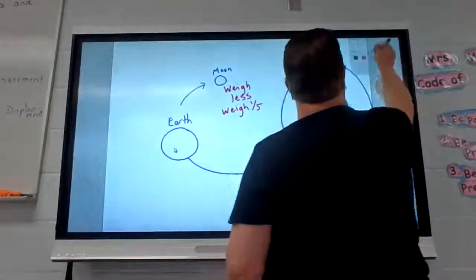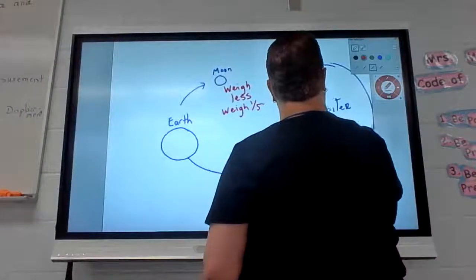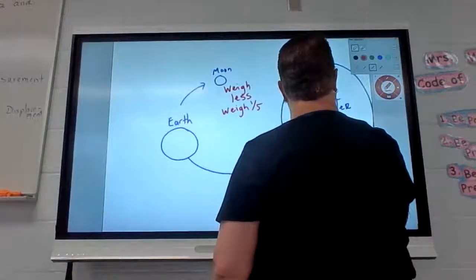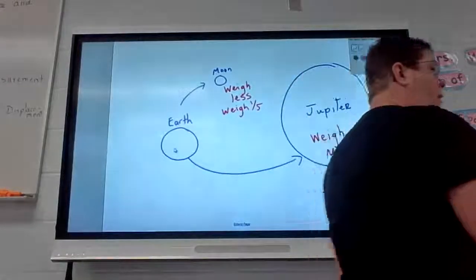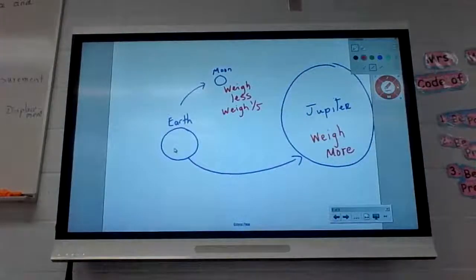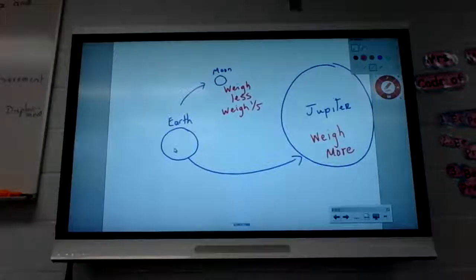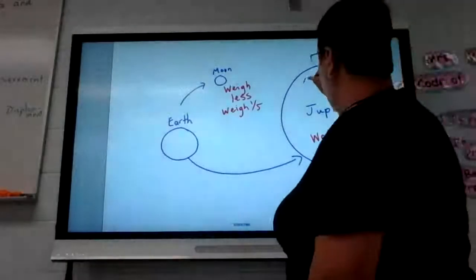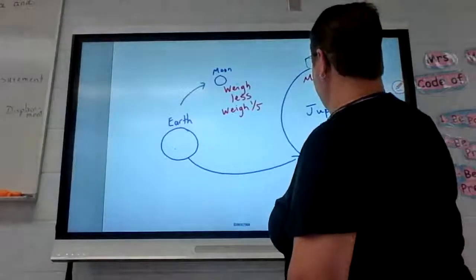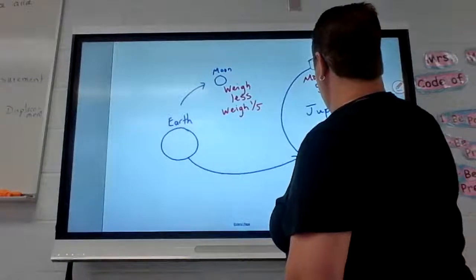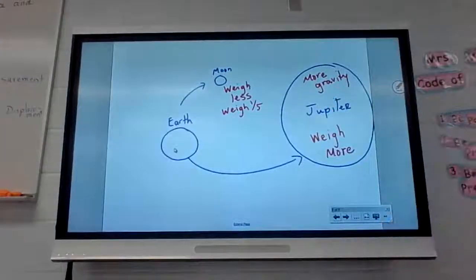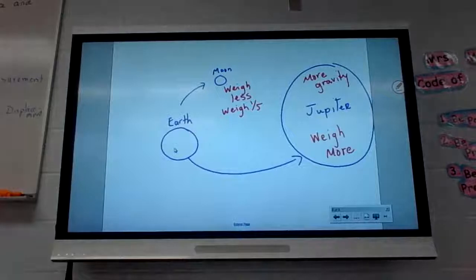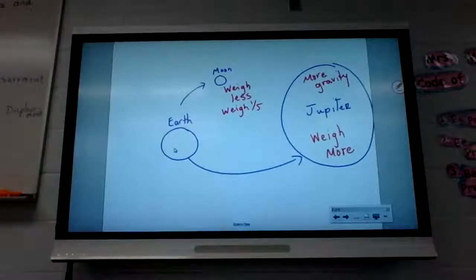Okay, why would we weigh more? It's a bigger planet. Because it's a bigger planet, it has more gravity. All right, gravity is based on size. The moon is smaller, it has less gravity. Jupiter is bigger, it has more gravity. There's a principle called the universal law of gravity, gravitational pull. All right, you all exert gravity on every object in the room.